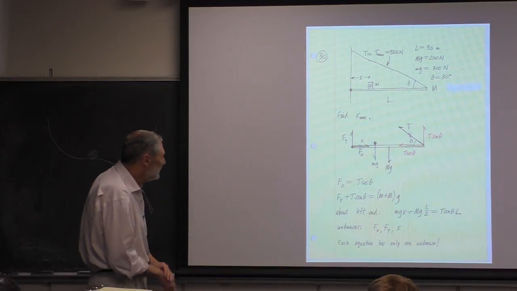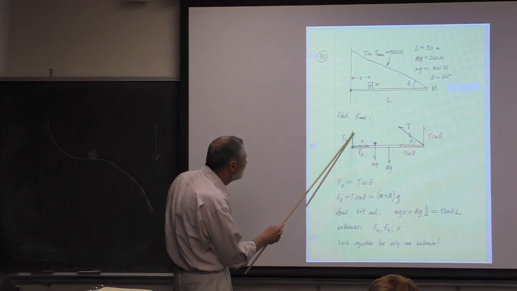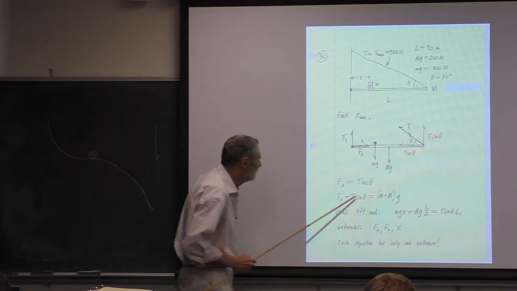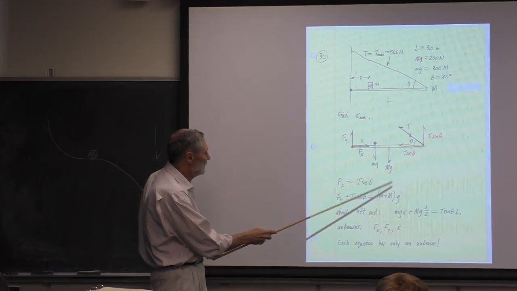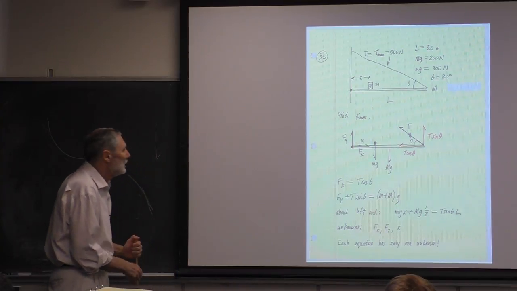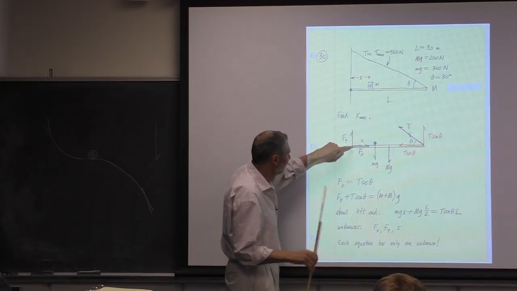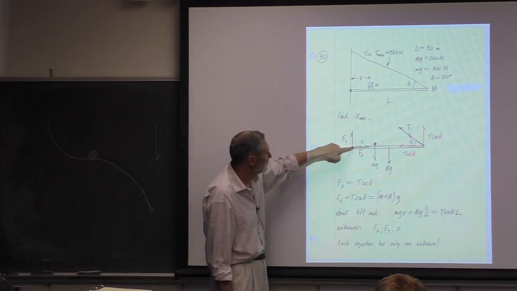Okay, now I see four forces. The upward forces are Fy and T sine theta, and the downward forces are little mg plus big Mg. And it's natural to take this as the best origin here because we don't have to worry about Fx and Fy, which are unknowns.